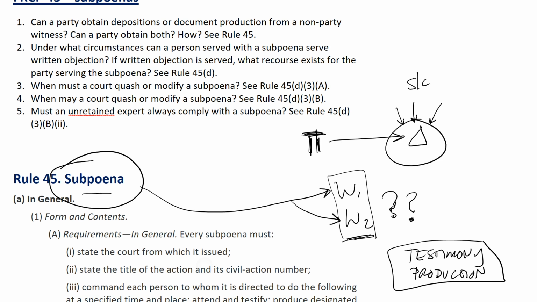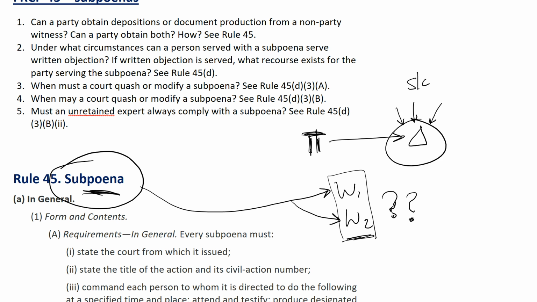And indeed, the subpoena itself has to be served on the non-parties in order for the court to have power over those non-parties. So essentially, the subpoena serves both the notice function, right, letting them know that they have to testify or pony up documents, and it also establishes the PJ, or the power by the court over those non-parties.